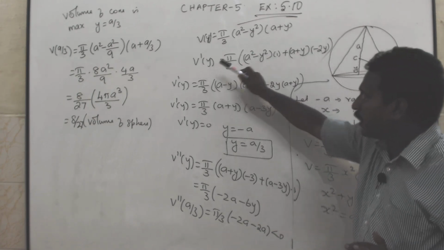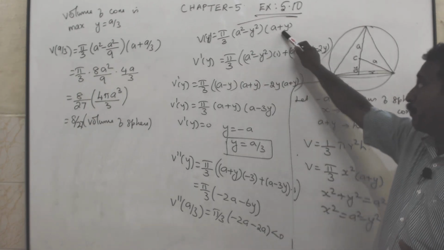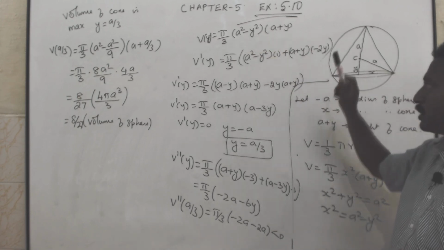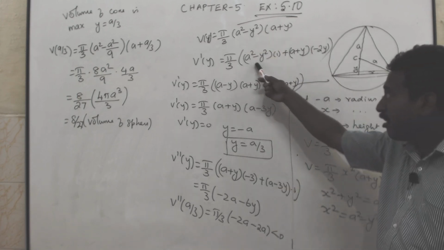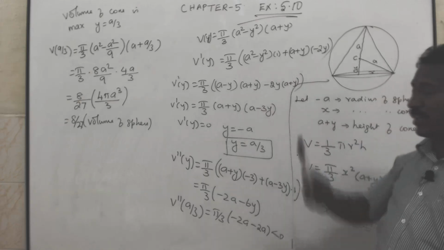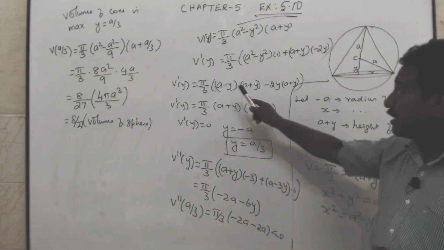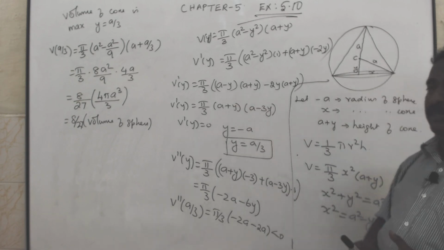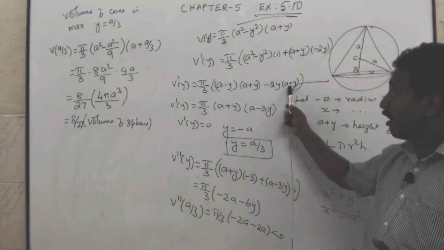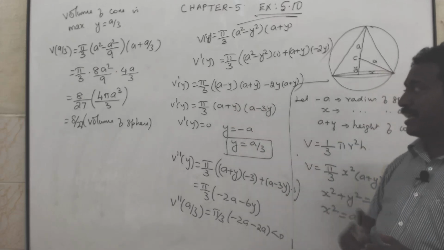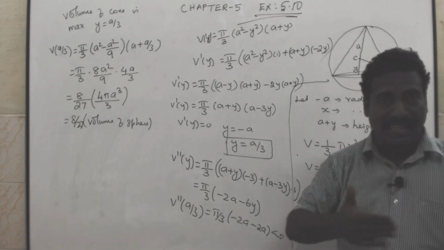So keep the first term, differentiate the second term. Differentiation of a constant is 0, differentiation of y with respect to y is 1, a plus y, and differentiation of a square minus y square is minus 2y. This is in the form of a square minus b square, which can be written as a minus b into a plus b. a plus y is taken out in common. a minus y minus 2y is a minus 3y. What is the next step?